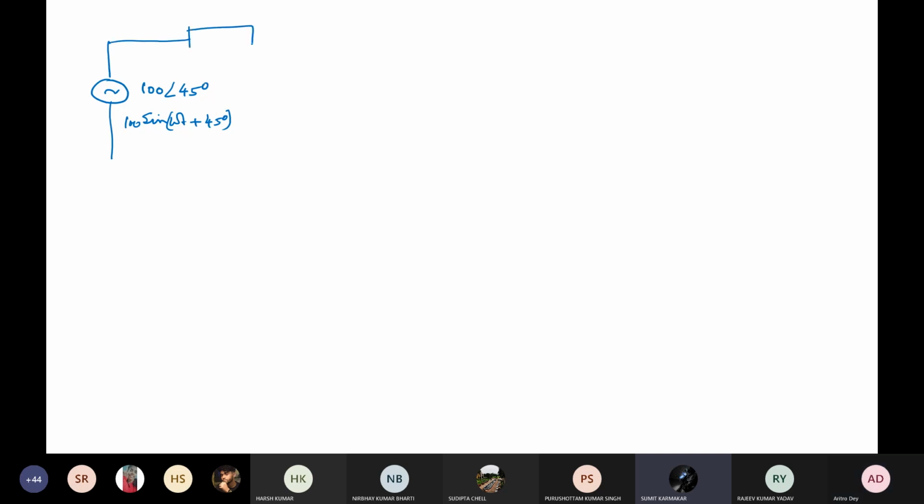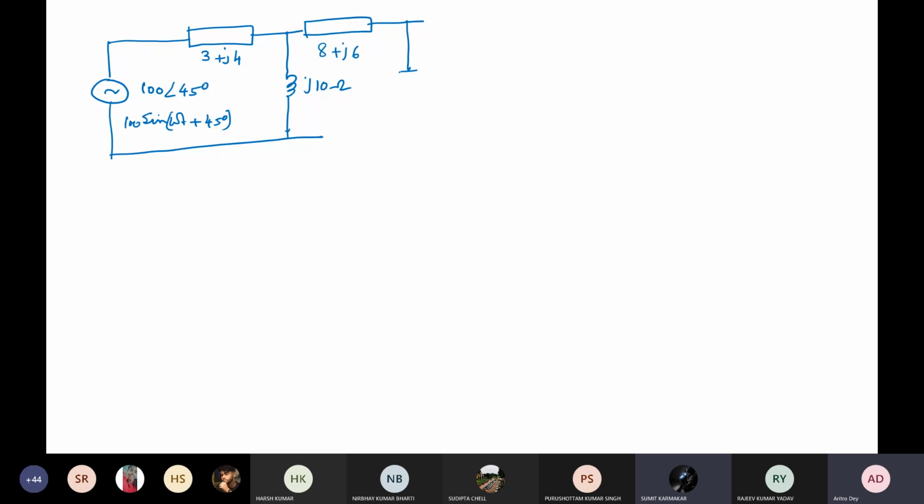This is your impedance, which is 3 plus J4, inductive reactance J10, impedance is 8 plus J6, and capacitive reactance, which is minus J10. So this is your A and B terminal. Earlier there was a 10 ohm, now we'll short it. So this is your ISC.